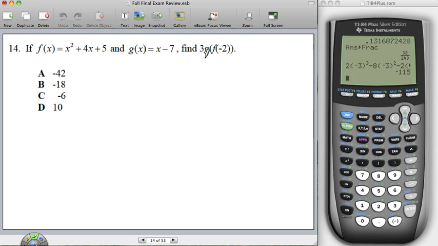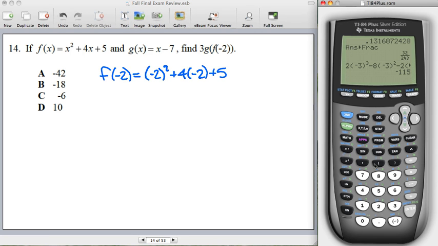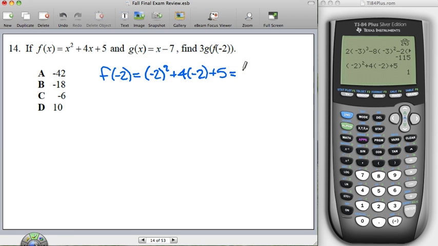Number 14, I'm finding 3 times g of f of negative 2. I'm going to start by finding f of negative 2 first, which gives me negative 2 squared plus 4 times negative 2 plus 5, which equals 1.